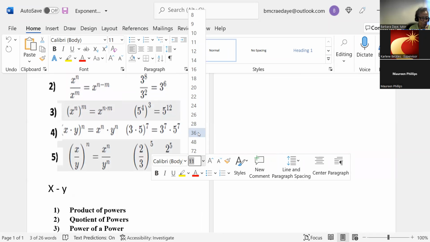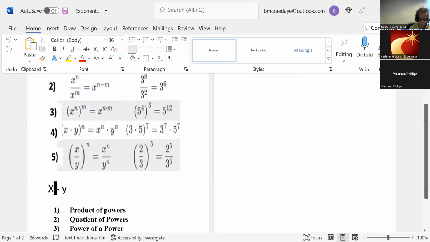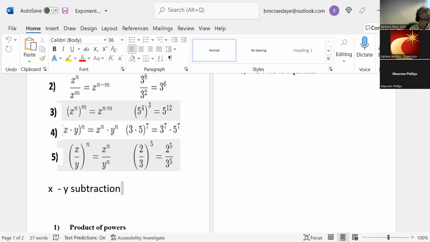Okay, let's put 36 here. And let me put the X. Now, this is a subtraction, right? When you get the difference, that's subtraction. Okay, let's put that subtraction. Okay, now let me go addition.